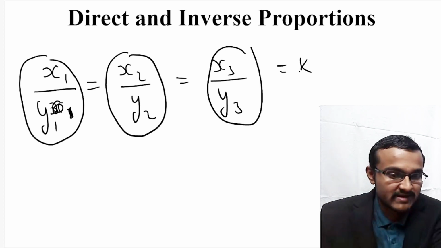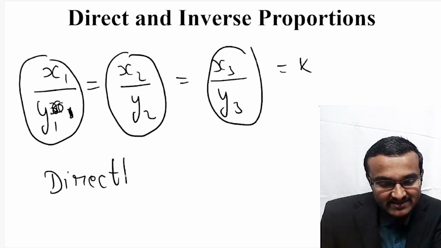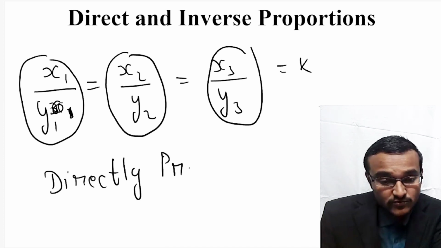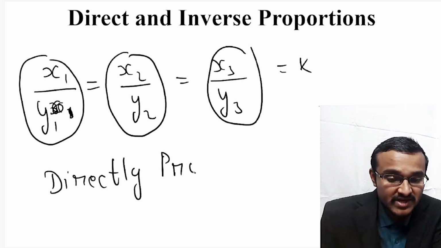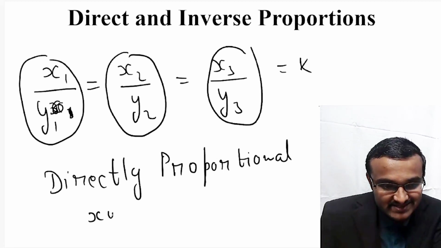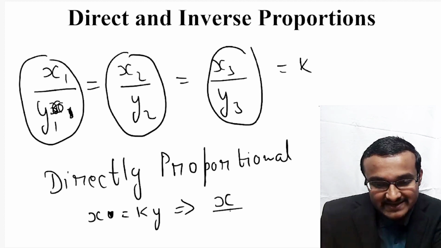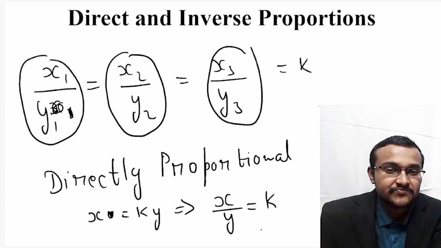So always you should remember, when two physical quantities are directly proportional, the main equation which you should remember is x is equal to ky, which in turn will be x divided by y is equal to k.